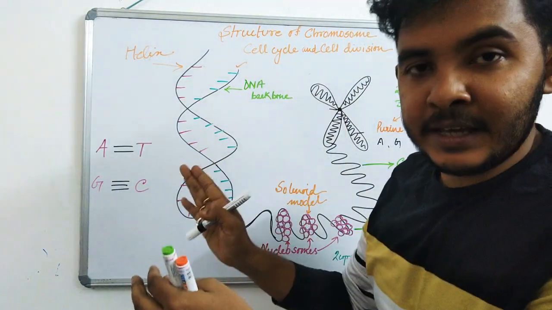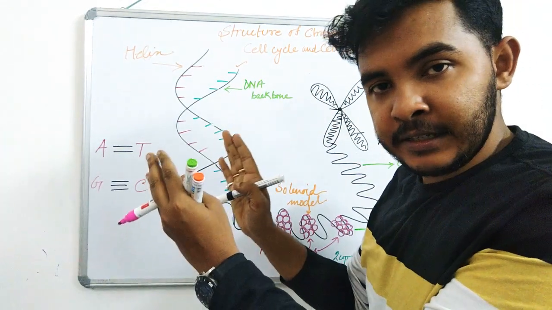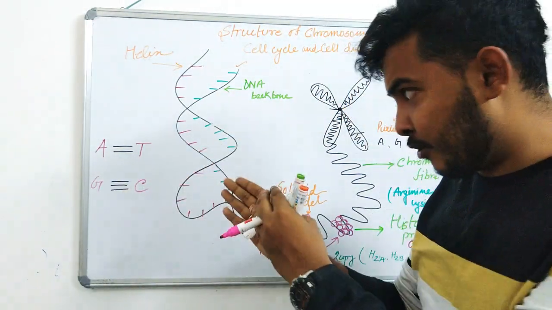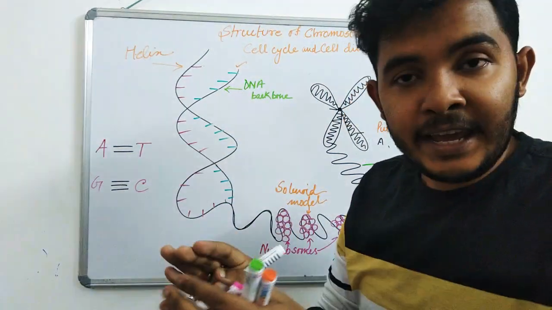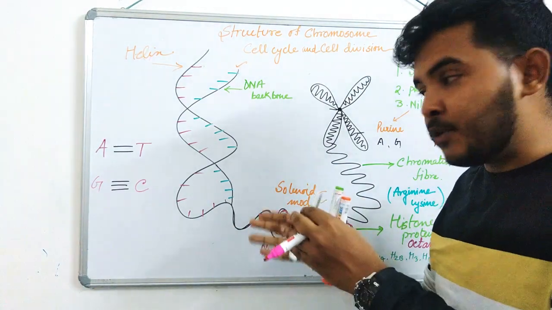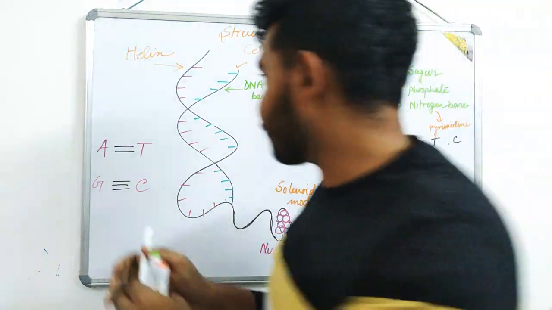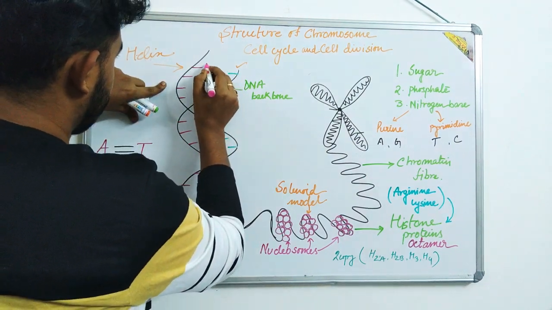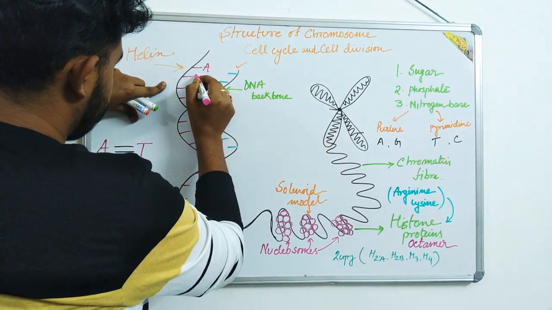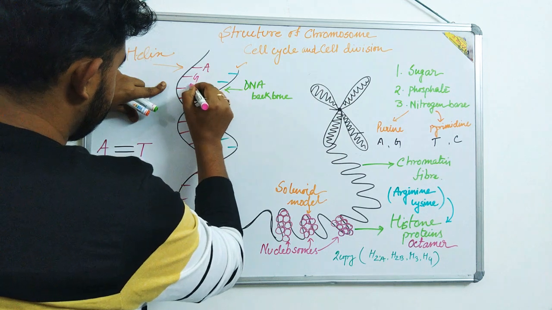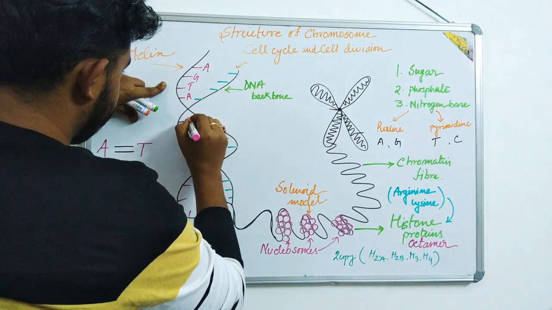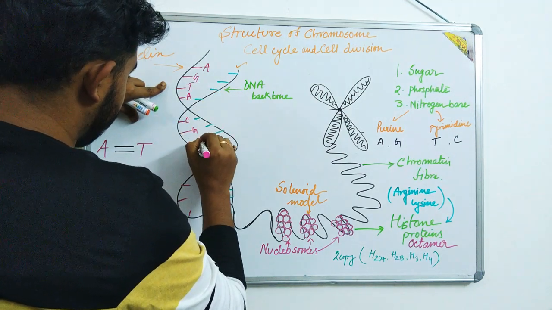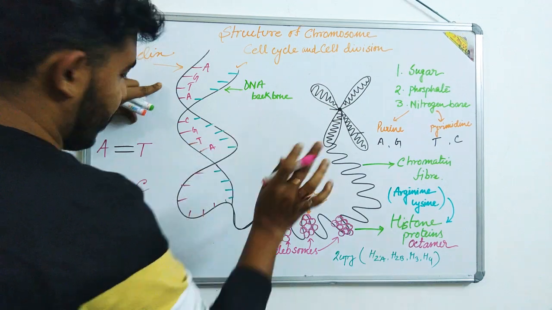So they always sit in this structure, in this position. A always will bind with T, or T will bind with A, G will bind with C, C will bind with G. Okay. So if I write here arbitrarily, okay, A, G, T, A, C, G, T, A, whatever it is.